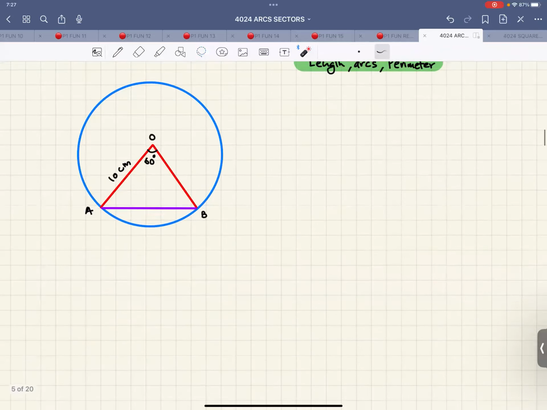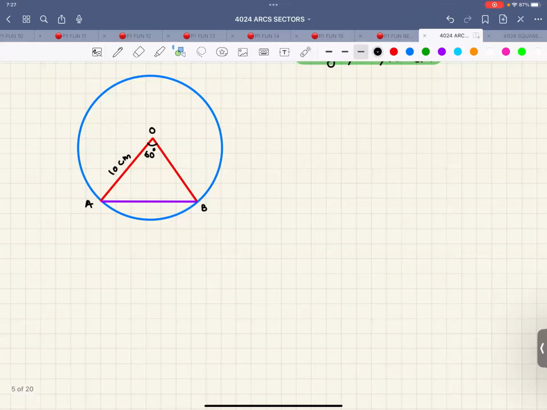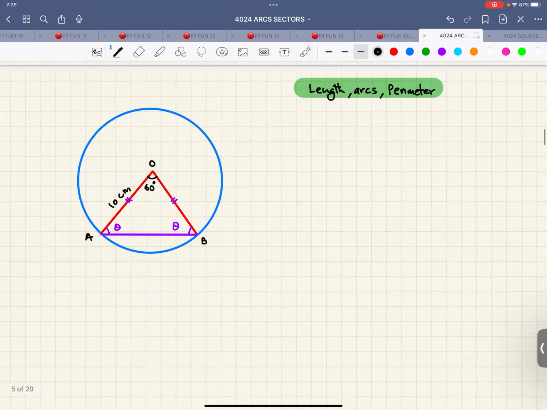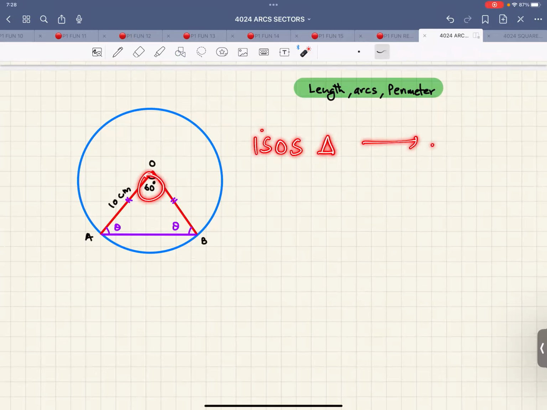The very first thing that we should remember is that if we are dealing with an isosceles triangle, this is 10 and this is 10, and this is theta and this is theta. So this isosceles actually becomes an equilateral triangle. So mark my words, an isosceles triangle with 60 degrees actually becomes an equilateral triangle.